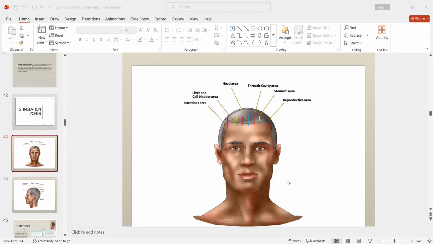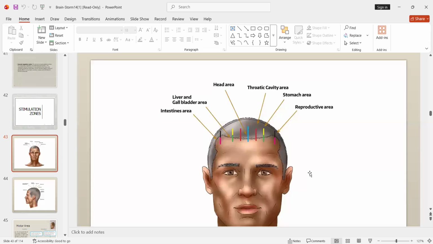Now in this picture, you see the central line is the head area. It is between the center area and the central line. This line is 4 centimeters, 2 centimeters up and 2 centimeters down.